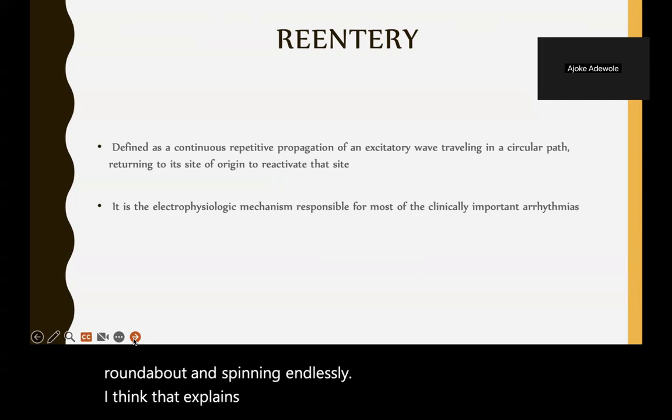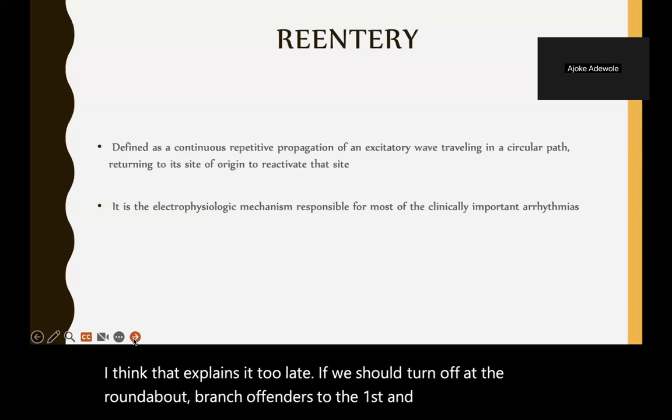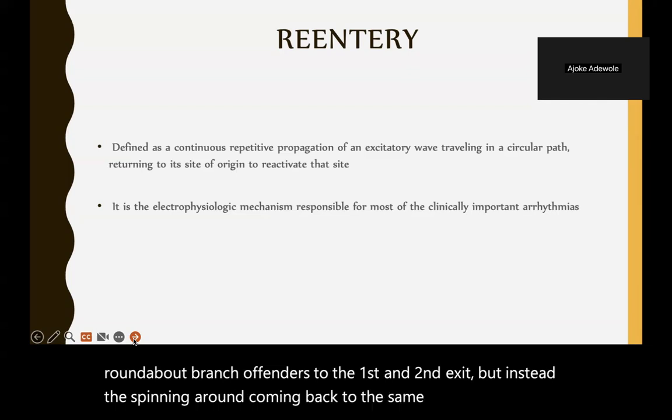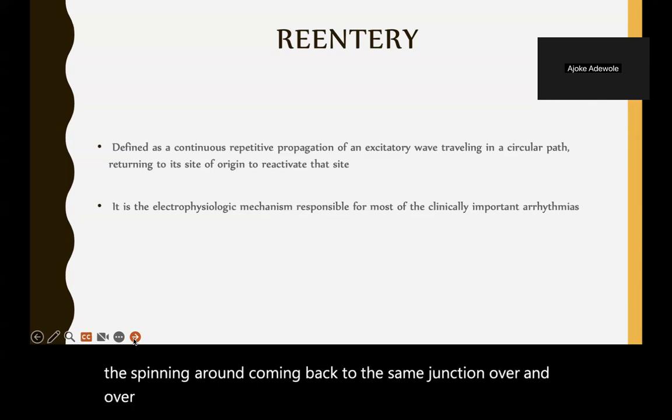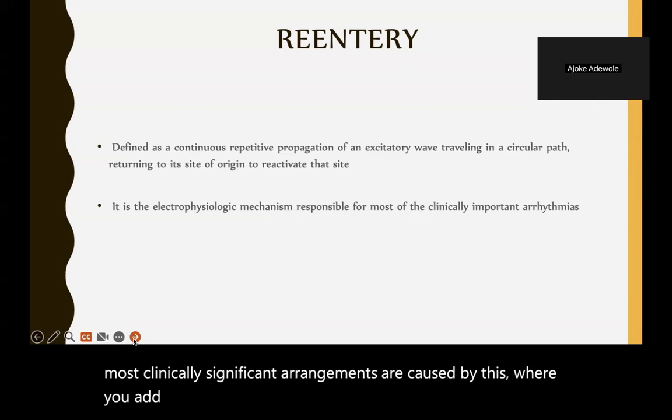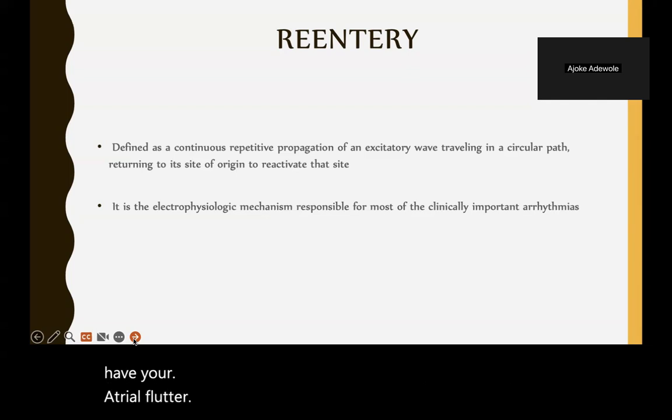You're supposed to turn off at the roundabout, branch off maybe at the first or second exit, but instead you're spinning around, coming back to the same junction over and over again. It's chaotic, it's rapid, it's often dangerous. The most clinically significant arrhythmias are caused by this: atrioventricular nodal reentry tachycardia and atrial flutter. Ventricular tachycardia is also implicated here.